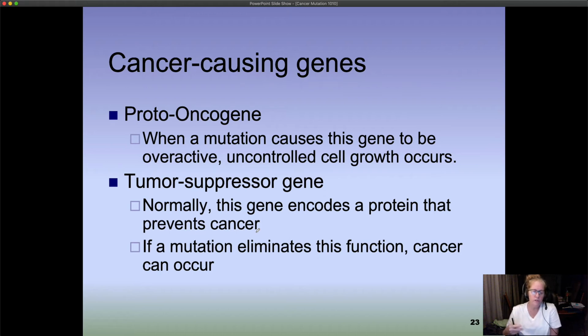There are two types of genes that are most commonly the cancer-causing genes, or the genes that get mutated that are associated with cancer. The first is the proto-oncogene, a gene that is associated with cell proliferation or cell growth. Proto-oncogenes are usually turned off. They are used very early in development, in utero or in fetal development, when cells need to divide very rapidly.